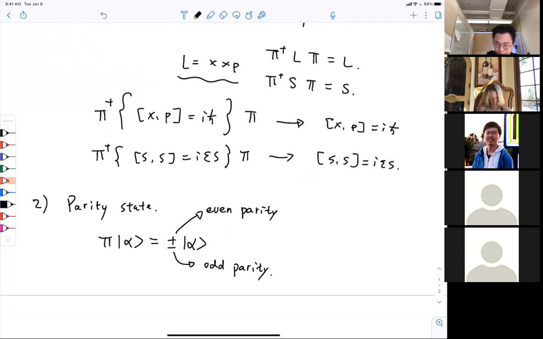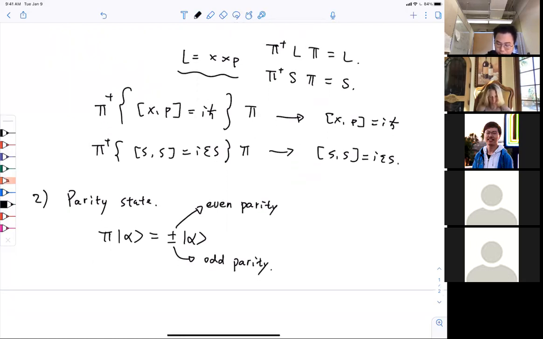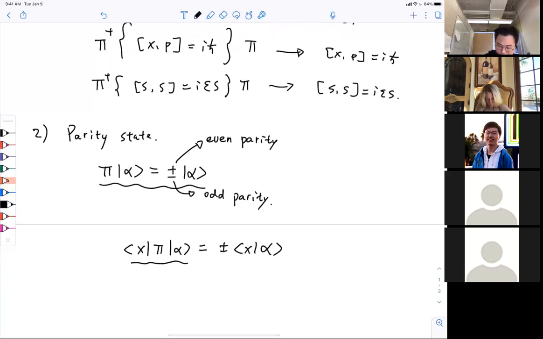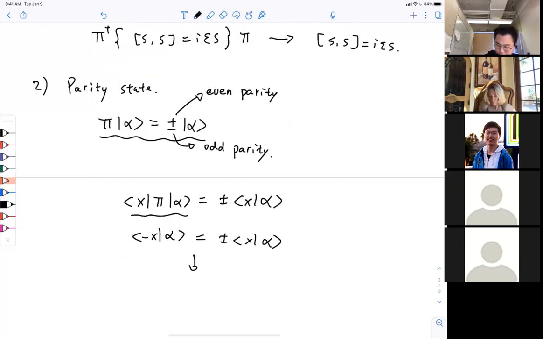Of course, you can represent this relation in real space, right? You just need to take plus or minus x alpha. So this guy is nothing but this. And this tells us psi alpha of minus x equals plus or minus psi alpha of x.